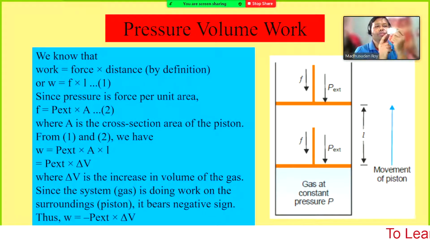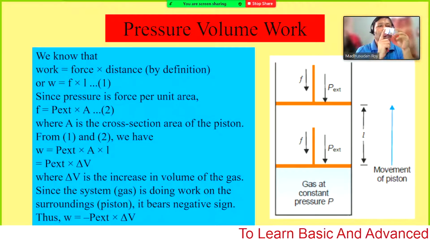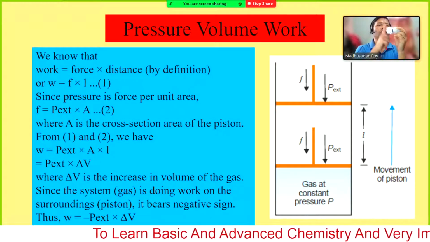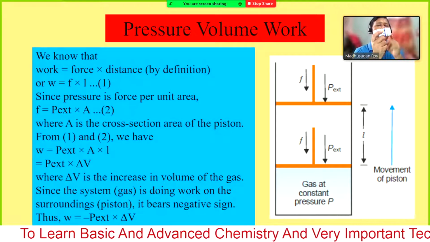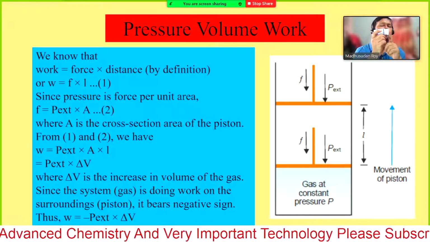So this is one cylindrical shape, and this part is the cross section. If you slice it into many pieces, all of them will have some cross section.